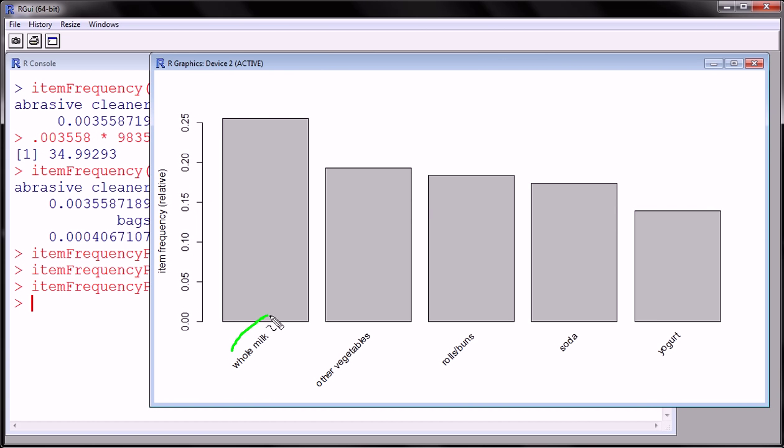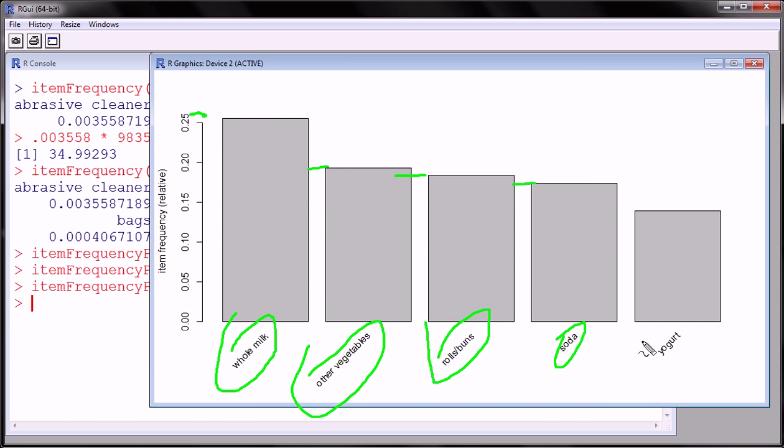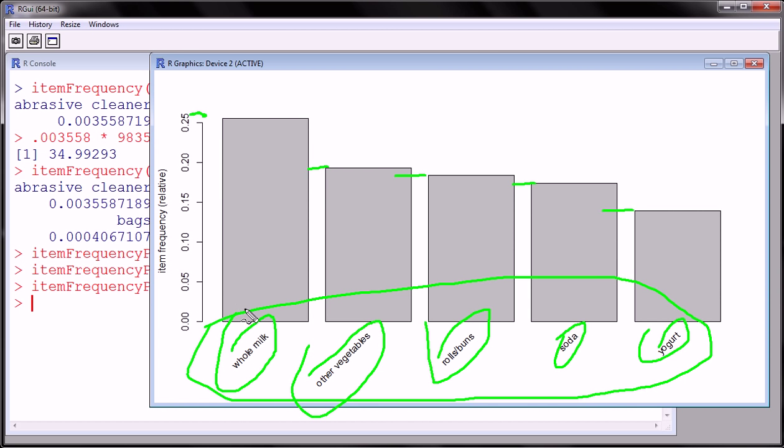Whole milk is the item that shows up in most transactions, and its support you can read off the chart. Other vegetables, second. Rolls and buns, third. Soda, fourth. That's great, healthy. Yogurt, fifth.